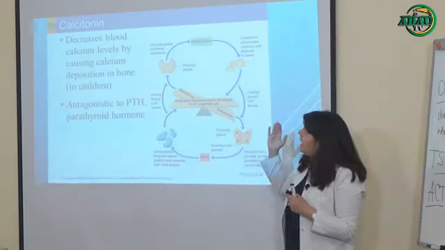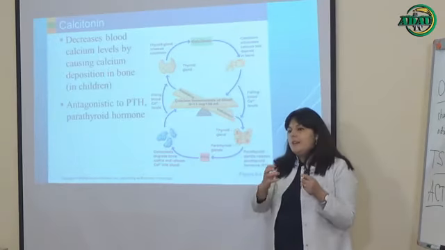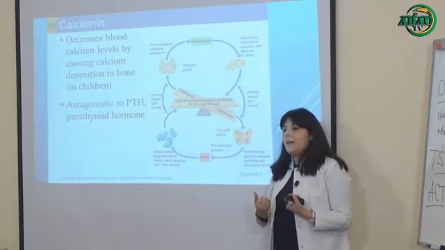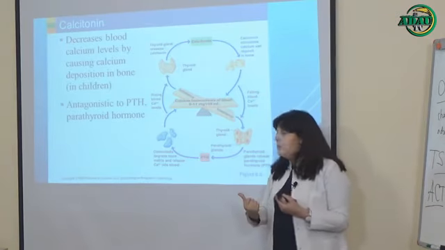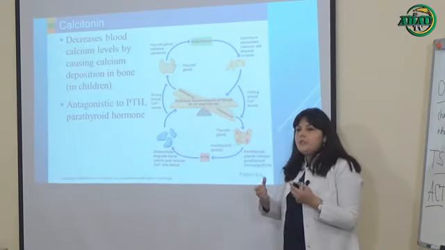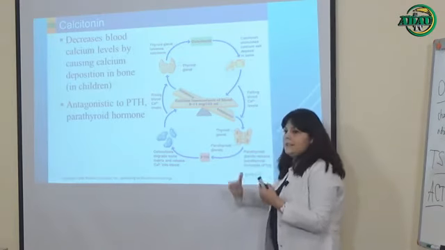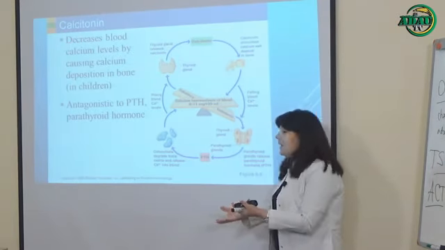Remember, in the case of imbalance, calcitonin tries to take the calcium from the blood to the bone, while the parathyroid hormone tries to take the calcium from the bone and give this calcium to the blood.